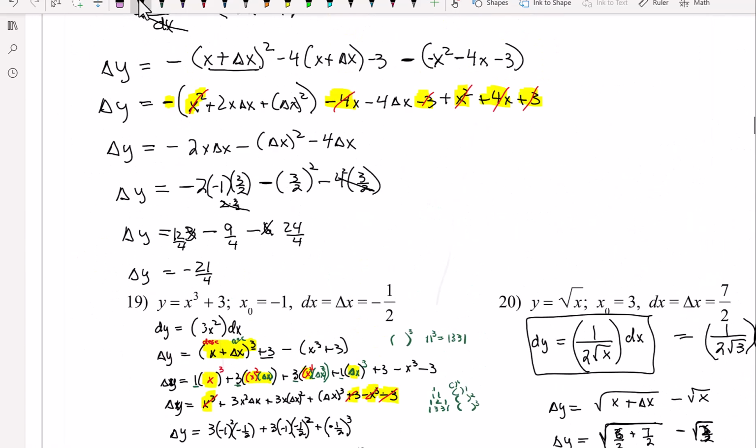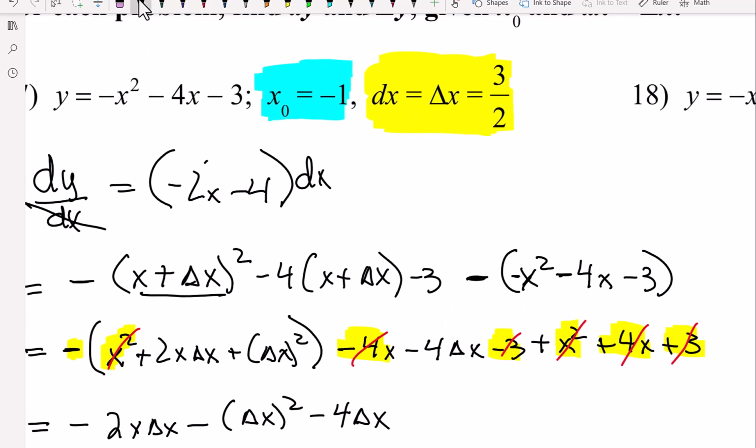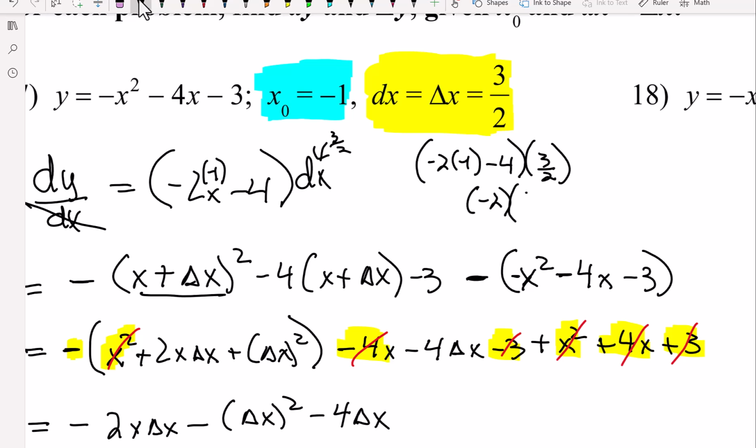And then if we come back up here, we plug in the -1, and we plug in 3/2. So this becomes -2 times -1, subtract 4, times 3/2. So that becomes 2 subtract 4, which is -2, times 3/2.